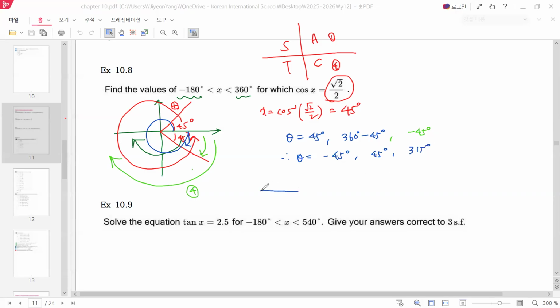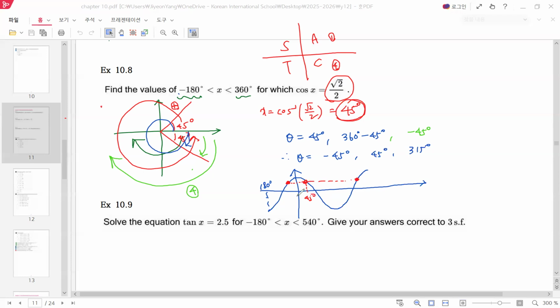Or you can draw a cosine graph. From negative 180 to 360, by using your calculator, you can draw a cosine graph in this way. This is 180. Anyway, by using your calculator, you need to find this 45 degrees first, okay? The cosine value is the same here, here, and here.